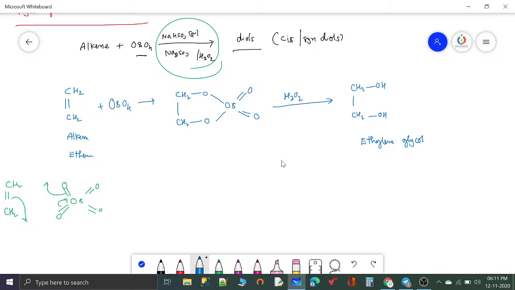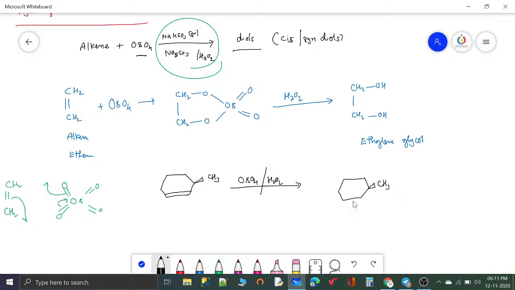Let us take another molecule, a cyclic molecule, to see how it gives the product. Take cyclohexene with one methyl group here, add osmium tetroxide and H2O2, and you will get a molecule like this, with CH3.